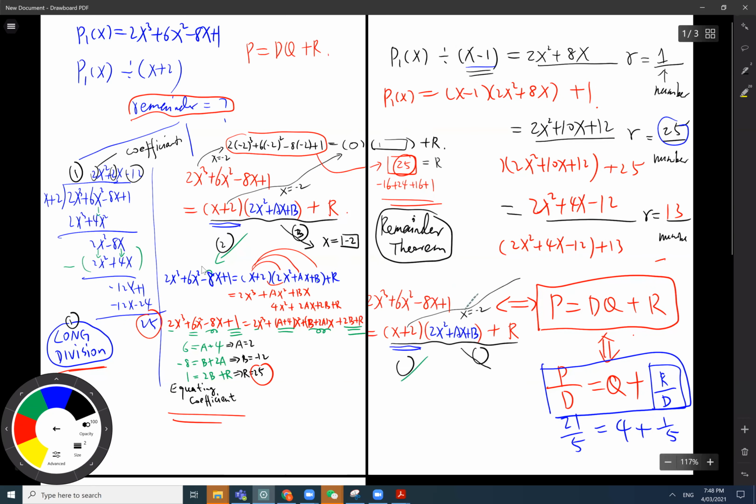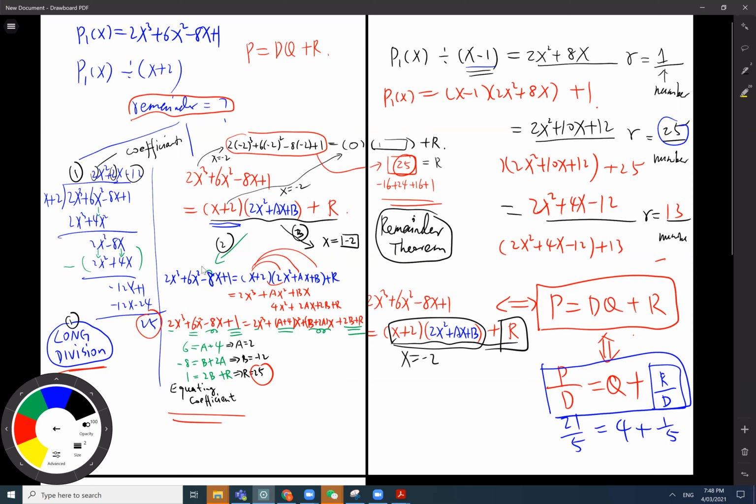We substitute -2 into both sides, into x on both sides. If you substitute -2 into the whole thing, Isabella, what's the right-hand side? 0. Yeah, this part is 0, so you just have the remainder. This is called the remainder theorem.